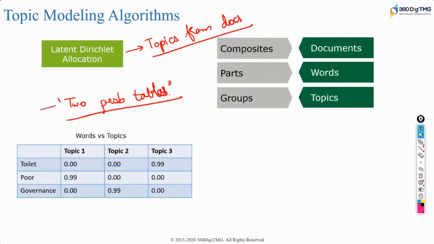And then you have 2 probability tables. One is words versus topics. And you have probabilities which are reflected in this. How likely is it to get a particular word if you sampled from each topic?